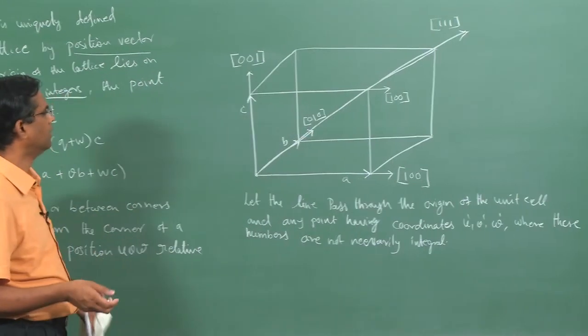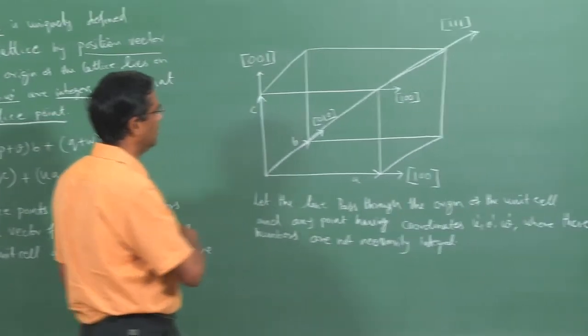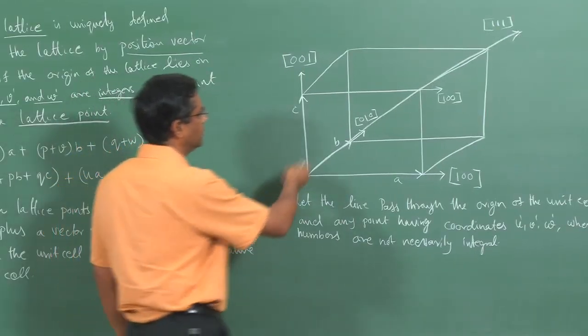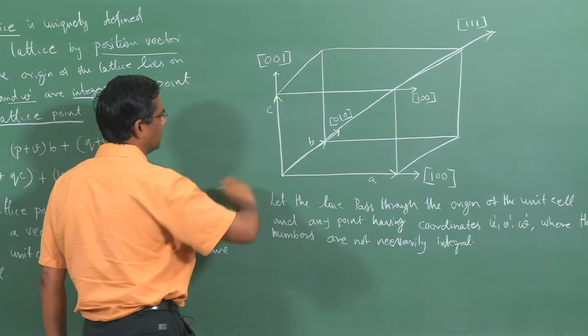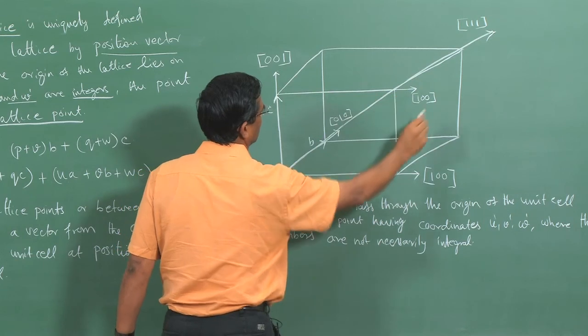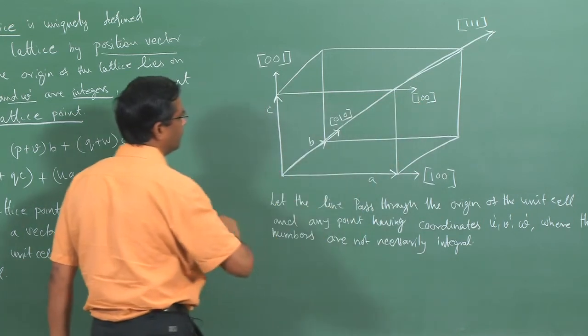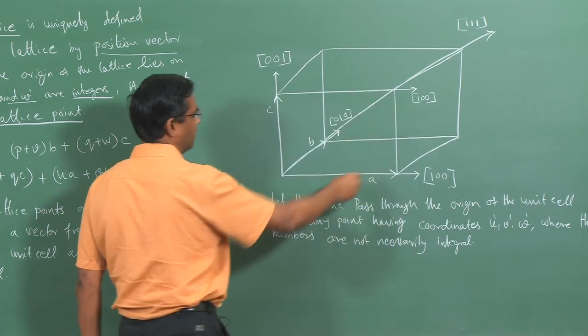The simplest directions you can identify in any arbitrary unit cell of this nature: this is 0 0 1, and 0 1 0, and this is 1 0 0, and this is again 1 0 0. These two are parallel directions.